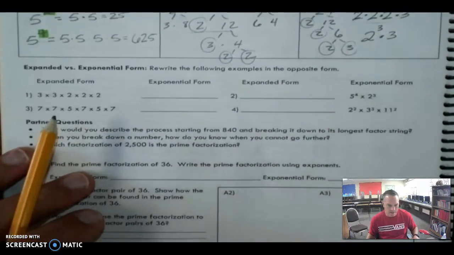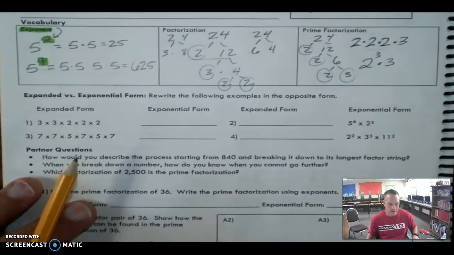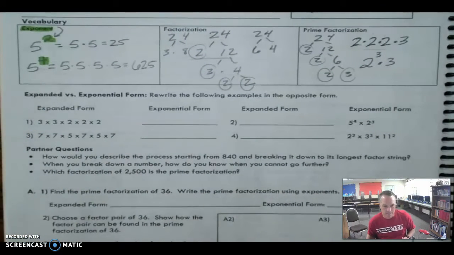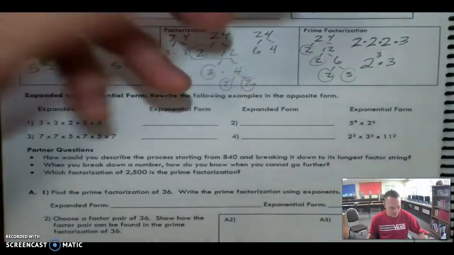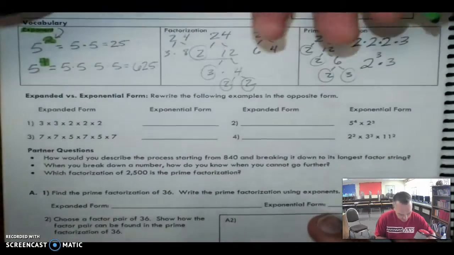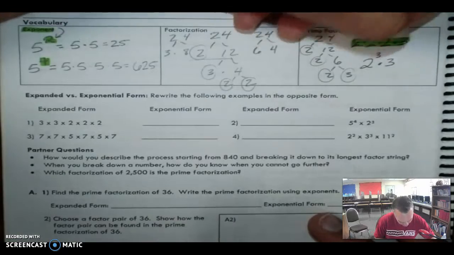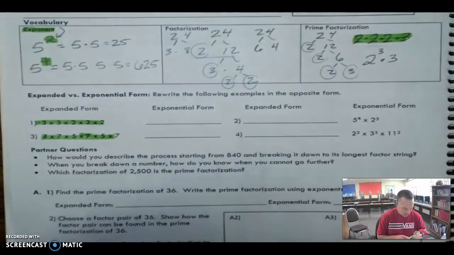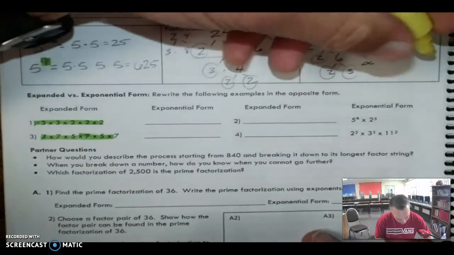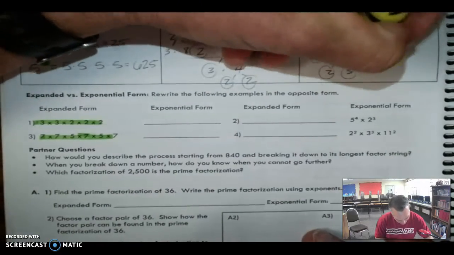Alright, moving down here, we have expanded form versus exponential form. They're showing you here is expanded form. Let me highlight this for you, maybe this will help. This is expanded form. And let me highlight exponential form. It's going to be like this.